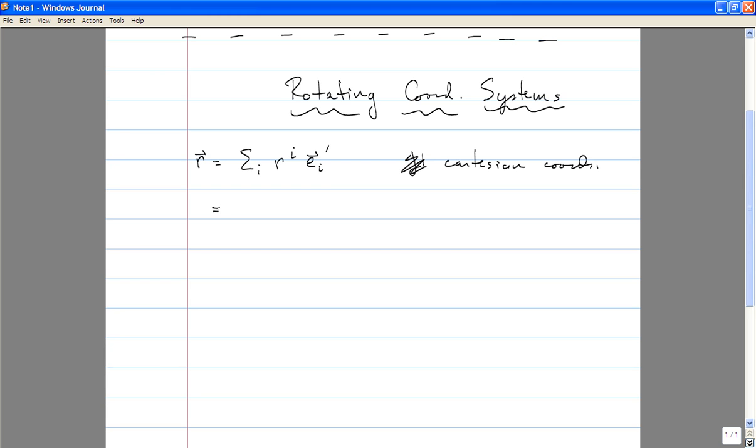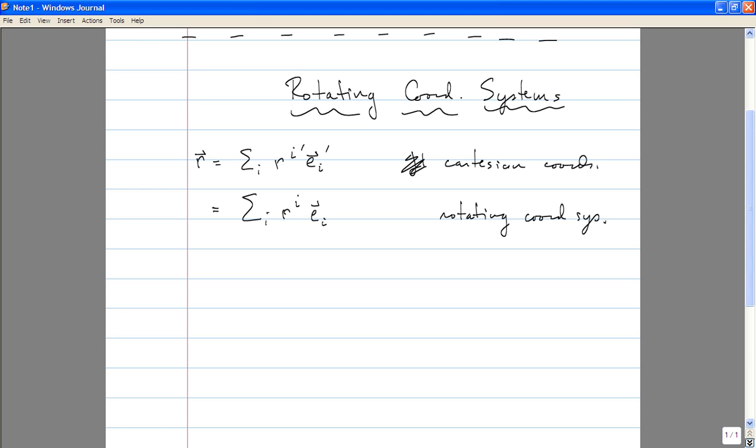Or we could write it in rotating coordinates as the sum over i, r_i e_i, where these e_i's are now the set of 3 vectors that describe the coordinate axes of a rotating coordinate system.